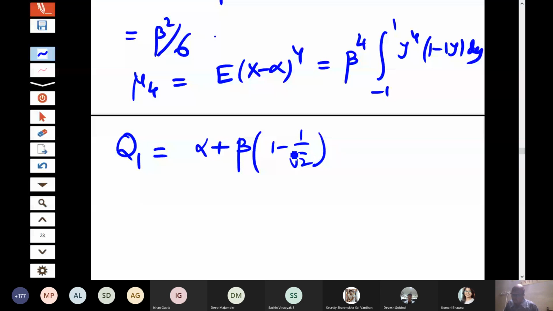So actually it will not be 1 minus 1 by root 2. No, it will become minus 1 beta by root 2 because it is greater than alpha minus beta. So it will be alpha minus beta by root 2. So this will be minus here.